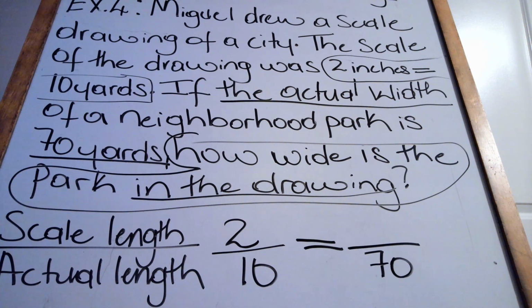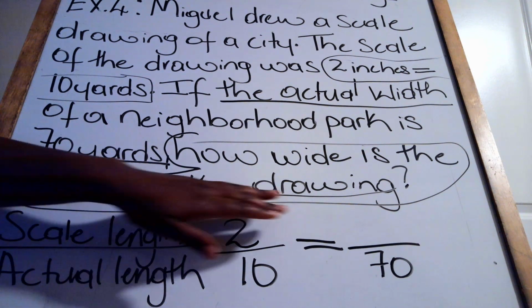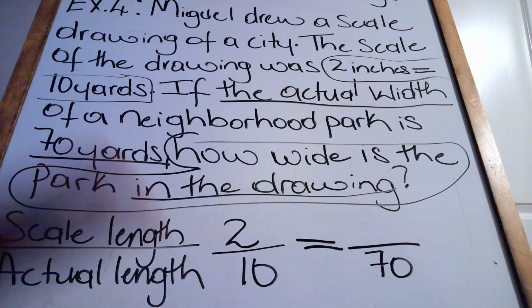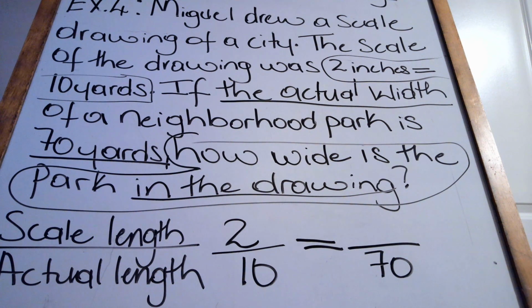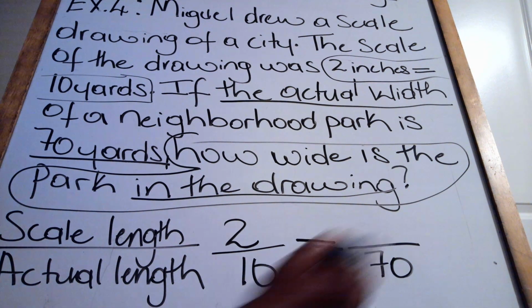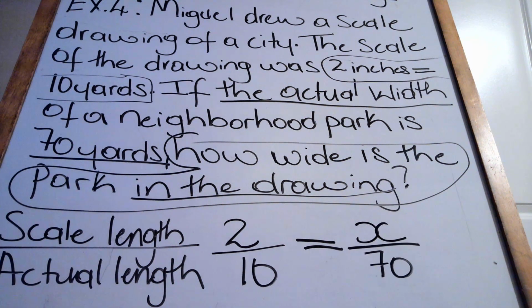And the question asks us, how wide is the park in the drawing? In the drawing means the scale drawing, so scale length. So the unknown will be in our numerator.